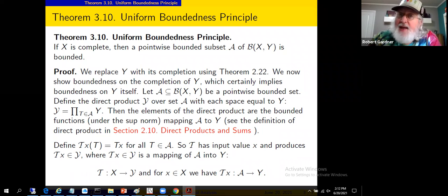But we've got the mappings doing the right thing. Calligraphy T maps X into the direct product. Calligraphy T of X maps A into Y. And that's what we needed for elements of the direct product. Okay, here's a definition. We'll be seeing this in the future. So calligraphy T of X on capital T produces capital T evaluated at X.